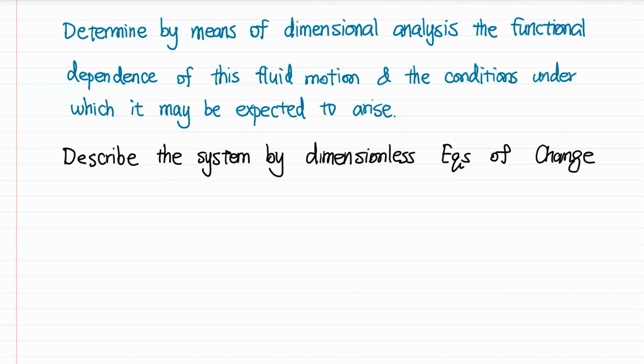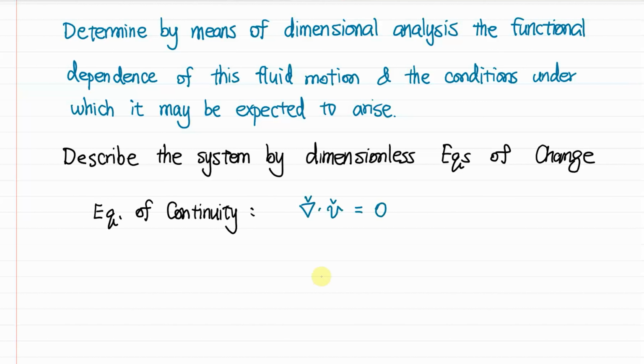The first one would be the equation of continuity. We have the dimensionless gradient operator dot product with the dimensionless velocity equals 0.